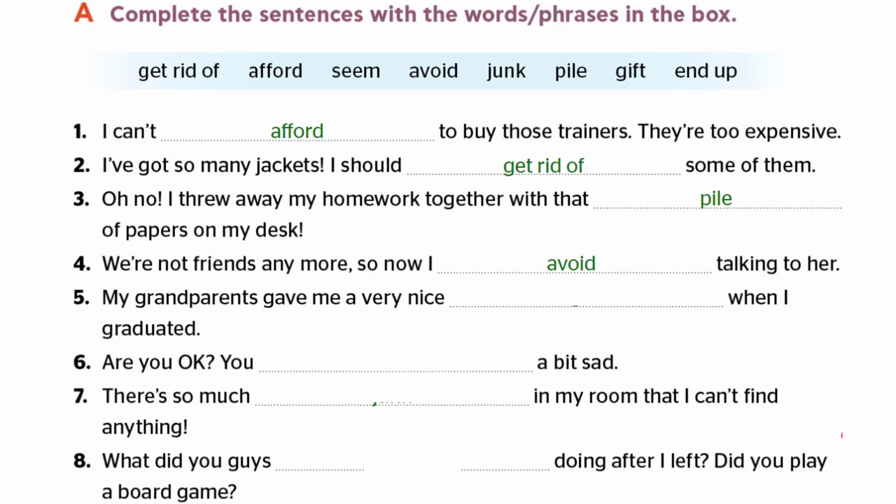My grandparents gave me a very nice gift when I graduated. Are you okay? You seem a bit sad. There's so much junk in my room that I can't find anything. What did you end up doing after I left?